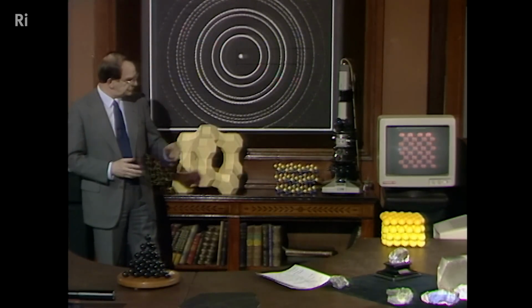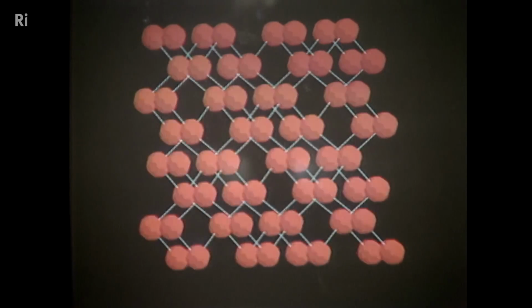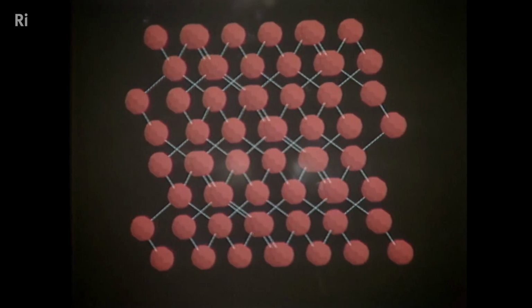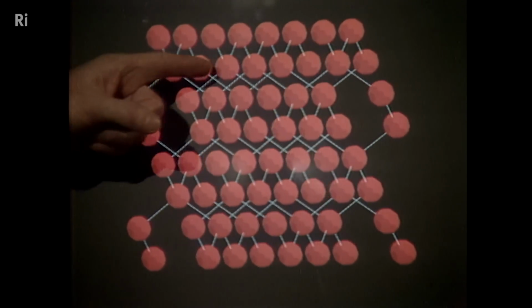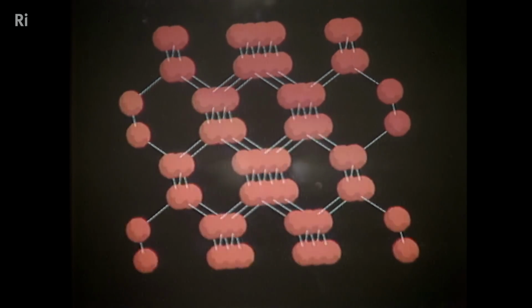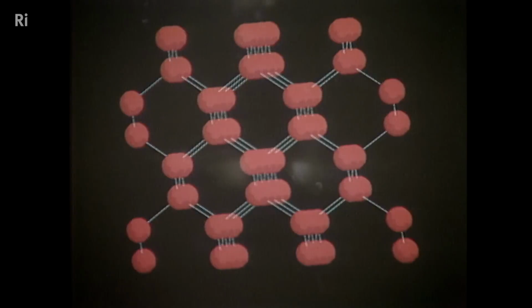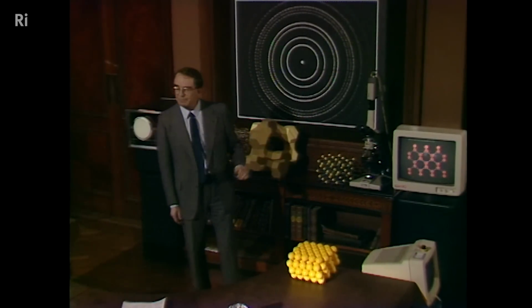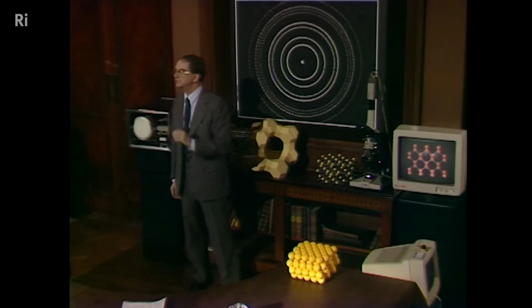Now, you can see as he rotates it that each carbon atom, which now we represent as orange colored, has got 4 other atoms attached to it. That's the diamond structure. Don't go too far, Andreas. Just a little bit more, perhaps. Just a little bit more.